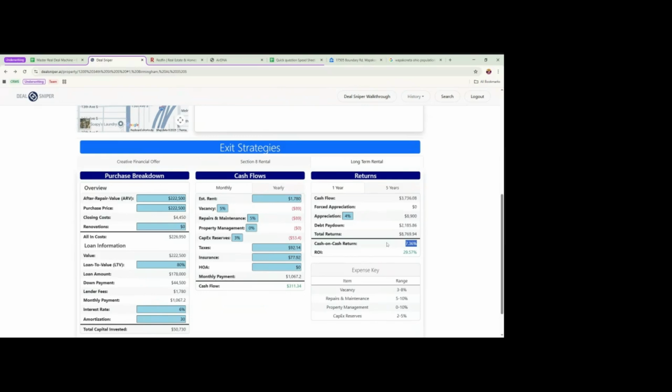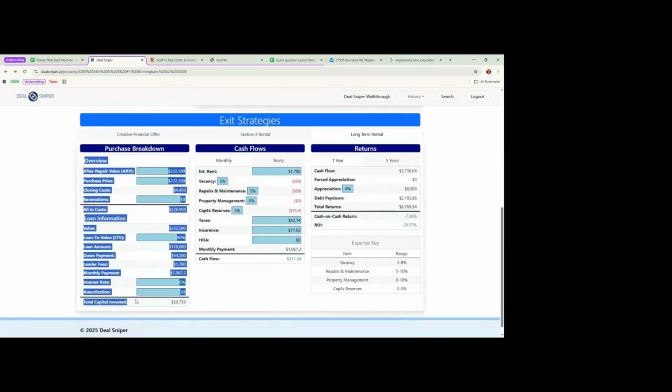And I'm glad you're the one noticing the benefits of it, that you can use Deal Sniper for your own personal deals as a buyer, and that's how we designed it. But this part is putting in a fictitious mortgage, which is affecting all the rest of these numbers.